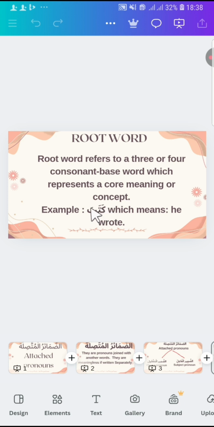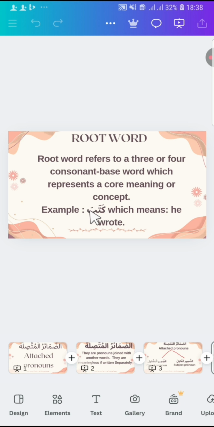In the Arabic language, if you have a three-letter or four-letter word and the last letter carries fatha, it always means he did something. For example, jalasa, he sat; kataba, he wrote.